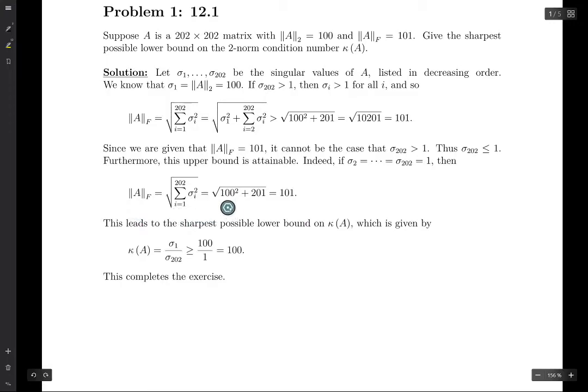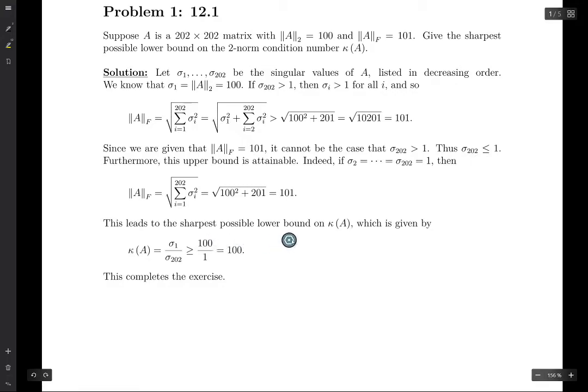So again, we break this up into sigma 1 squared, which is 100 squared, and then the sum from I equals 2 to 202 of sigma I squared is just going to be 201. And this is going to be precisely 101. So there does indeed exist a matrix that has 2 norm 100 and F norm 101, and such that sigma 202 is equal to 1. Therefore, this bound, sigma 202 less than or equal to 1, is a sharp bound.